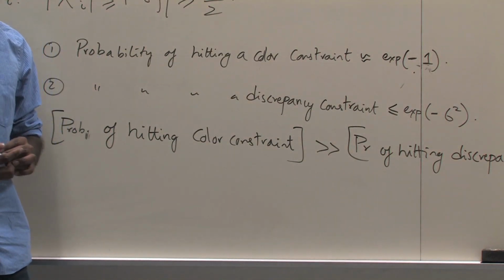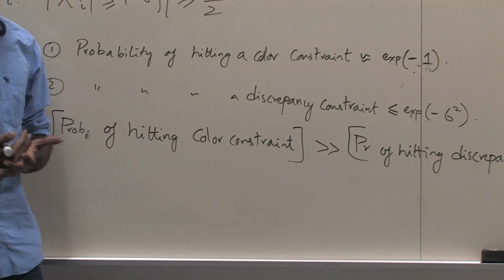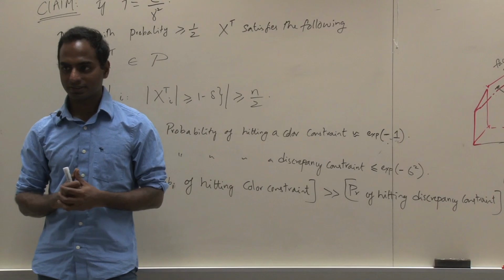Okay, so you're much more likely to hit color constraints than discrepancy constraints.